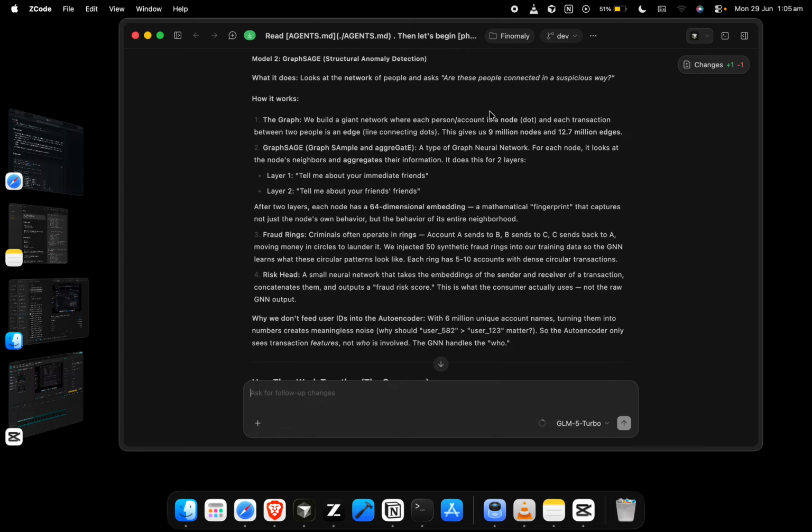So after 2 layers, each node has a 64-dimensional embedding. This is a mathematical fingerprint that captures not just the node's own behavior, but the behavior of its entire neighborhood, the accounts that surround it in that web. The fraud rings.